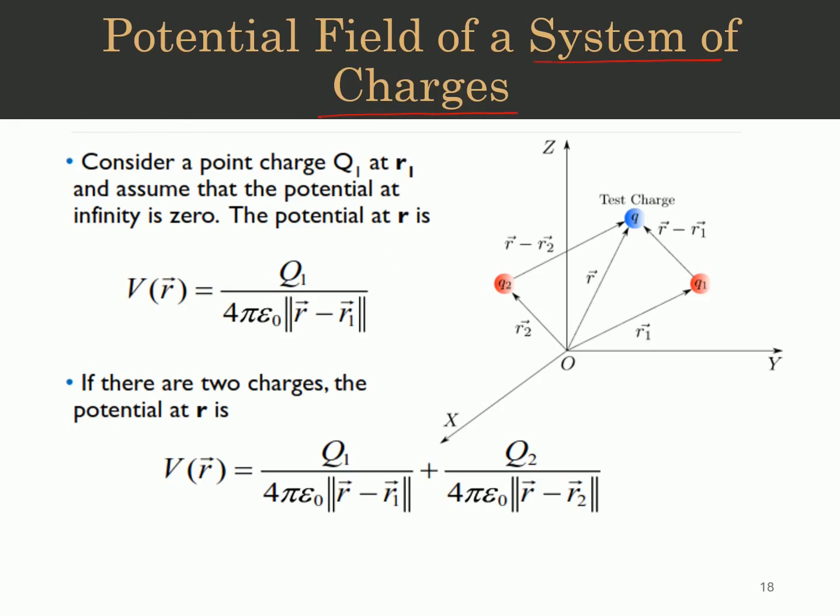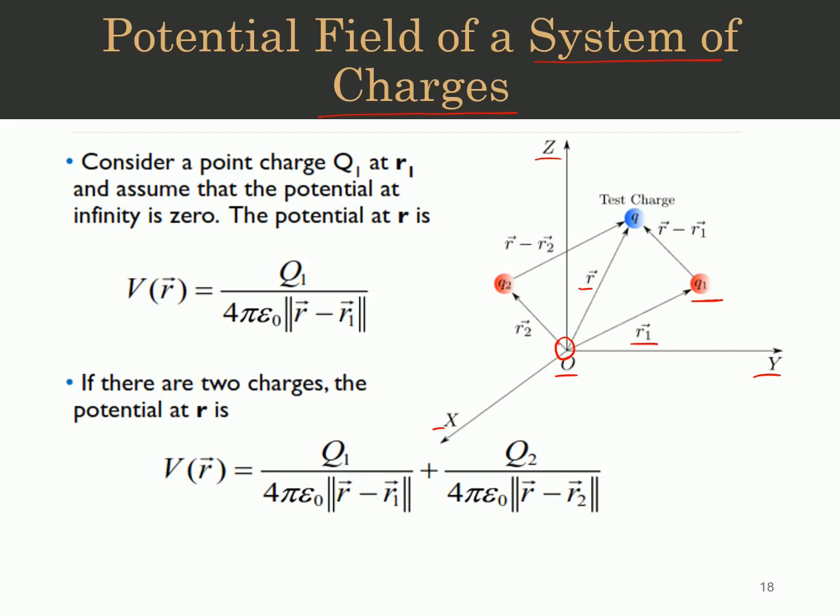So let us consider this scenario where we have the rectangular coordinate system as x, y and z, and the origin is over here. So we have one charge Q which is placed at a distance of r from the origin, and then it is surrounded by, let's say for the time being, the first charge q1, and the distance of q1 to the origin is r1.